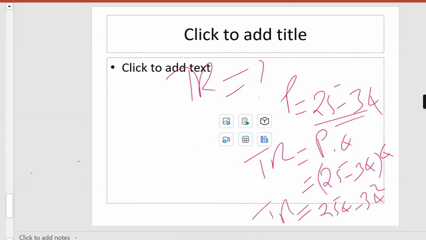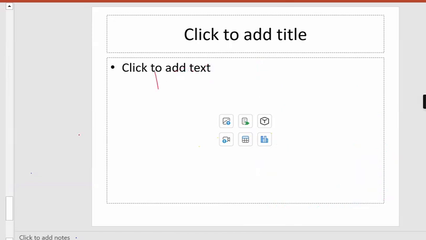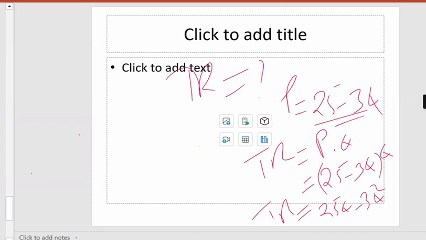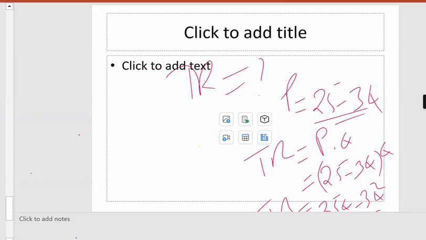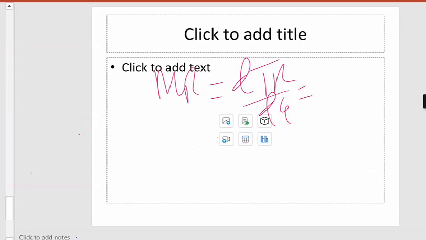Are we together? Yes. So now, having the total revenue, it's easy now to get the marginal revenue. So, marginal revenue is the derivative of total revenue divided by what? Derivative of total revenue. Ngoja tuiandike hapa.